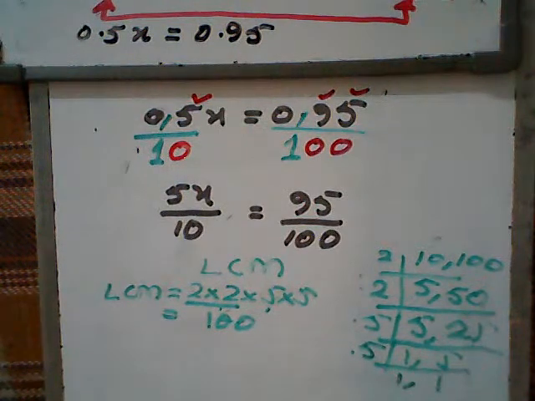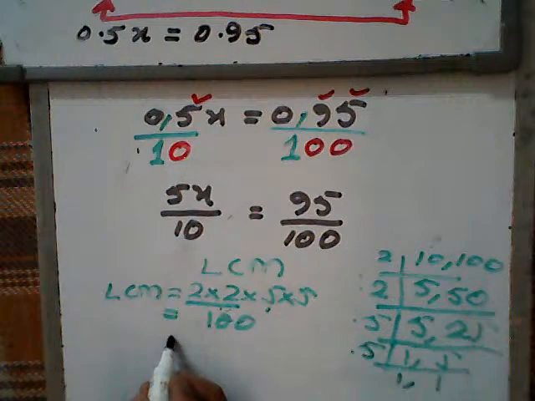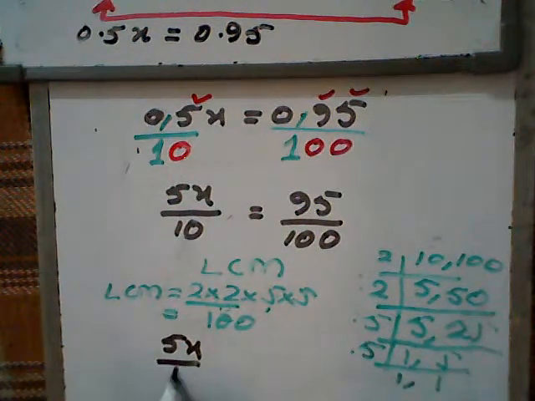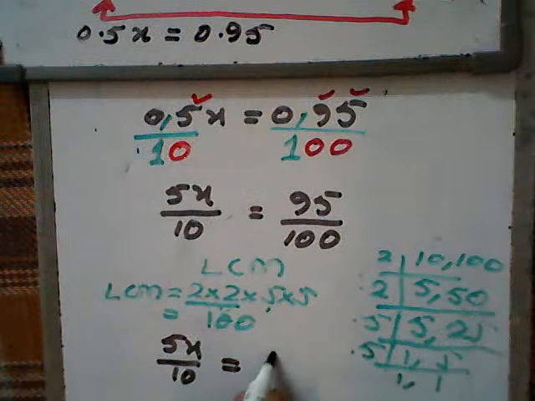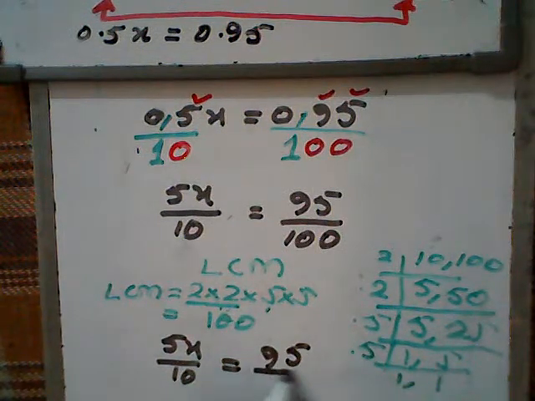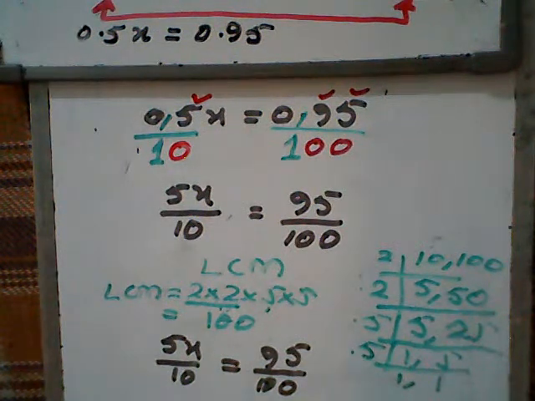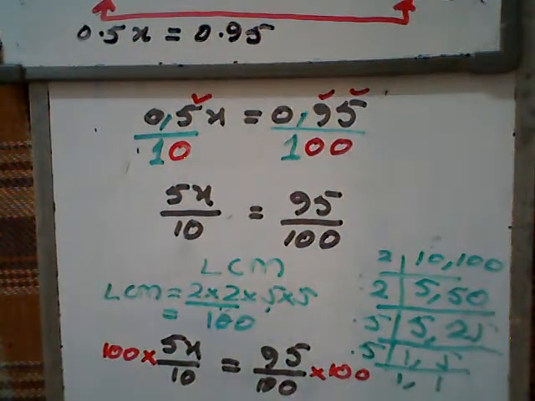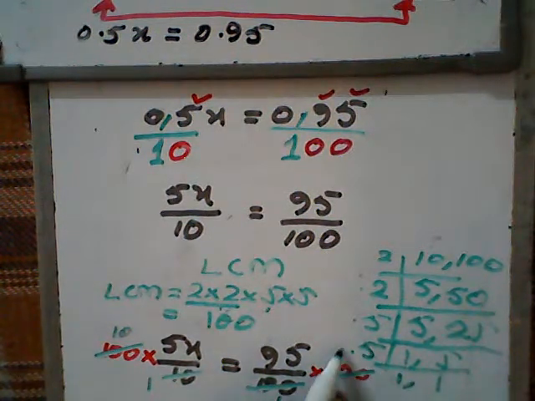It means we write the same numbers here, 5x upon 10 is equal to 95 upon 100. Now we multiply each side by 100, the LCM. So 10 1s are 10, 10 10s are 100, 100 1s are 100, and 100 1s are 100.